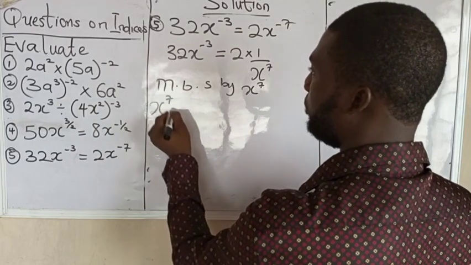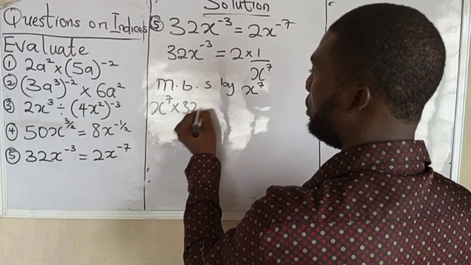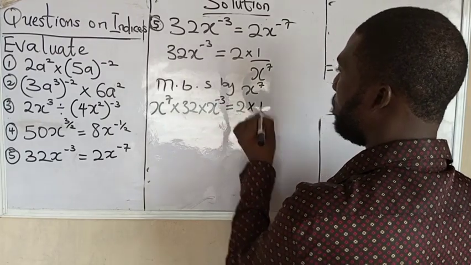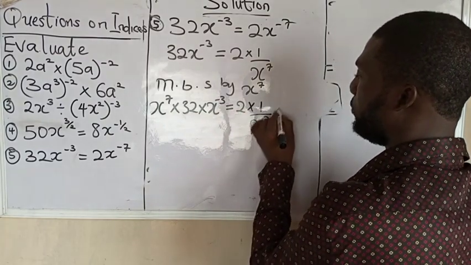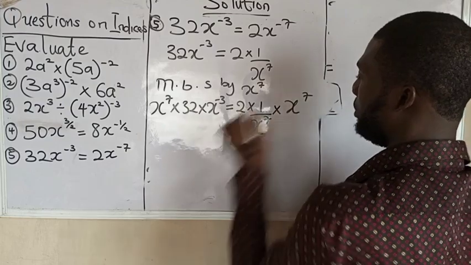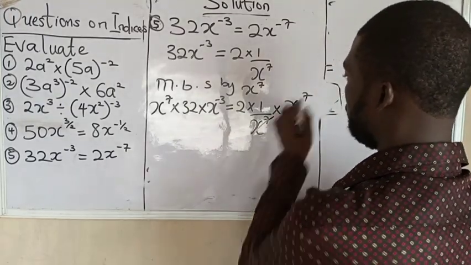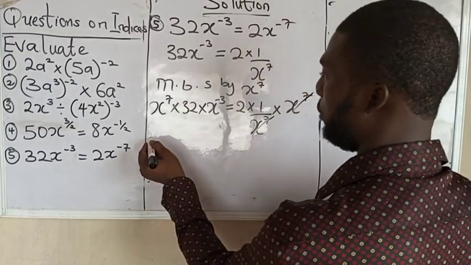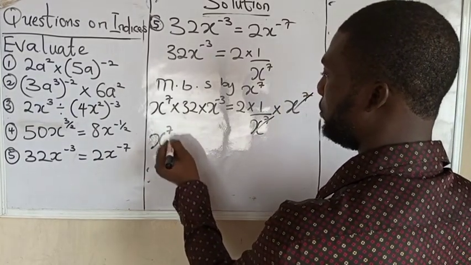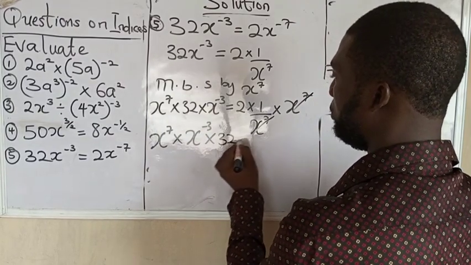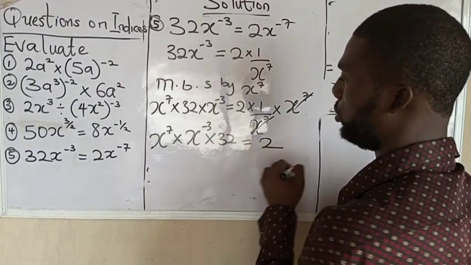So it's going to be x raised to power 7 times 32 times x raised to power minus 3 equals 2 times 1 over x raised to power 7 times x raised to power 7. So from here, I can cancel out now. So at the end of the day, we have x raised to power 7 times x raised to power minus 3 times 32 equals 2.